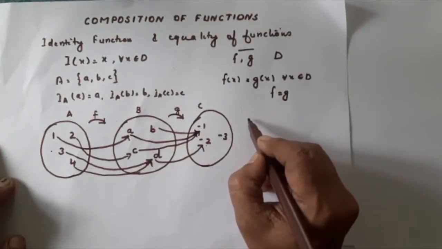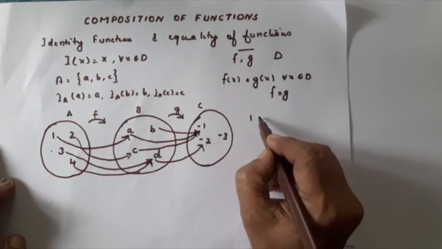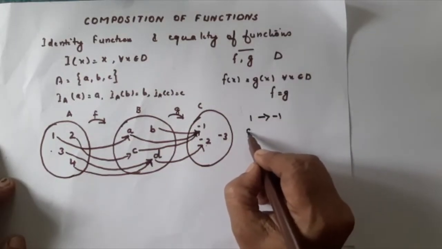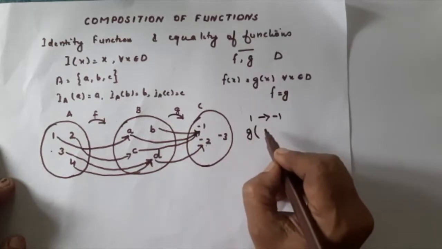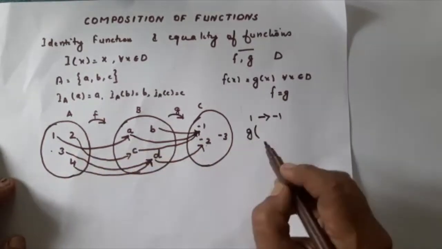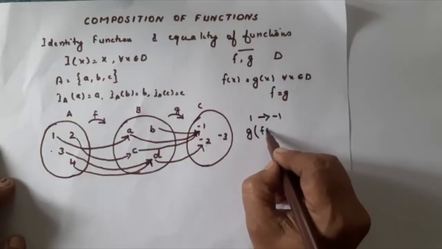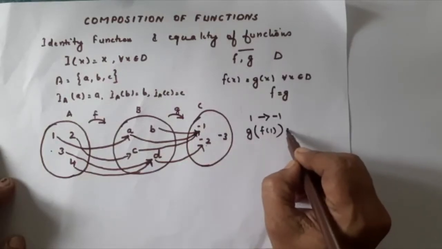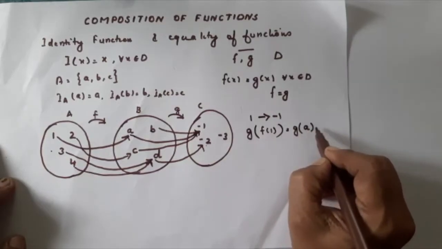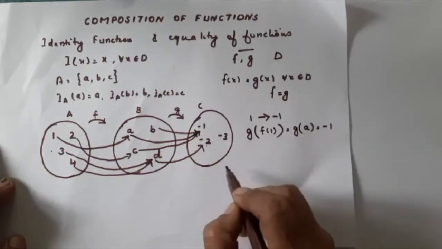To get the connection from 1 to minus 1, we apply g on the image of 1 by f. That means g of f of 1. What is g of f of 1? It is equal to g of a, which equals minus 1.